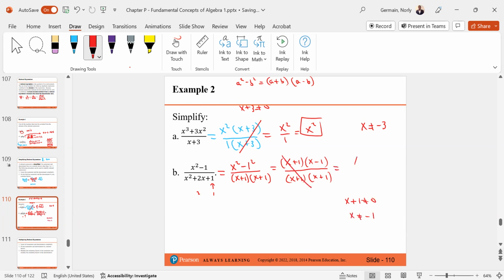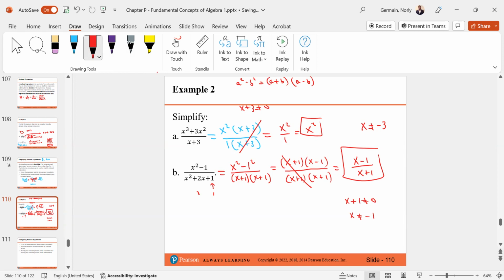What we have left is x minus 1 over x plus 1. I don't need to put parentheses anymore. That's it. And it's really good because you need to factor the greatest common factor and use all the techniques you learned from section 5. If you don't remember, I would advise you to go back and watch that video.